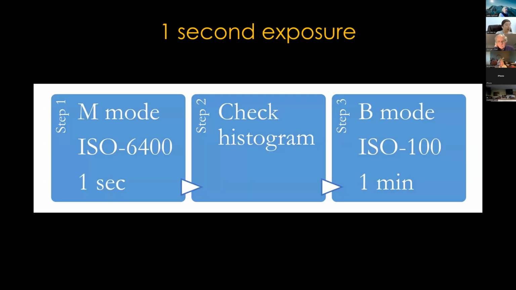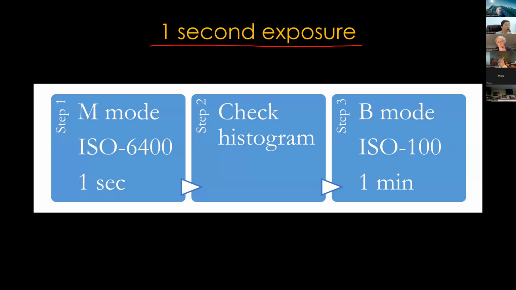And another technique sounds a little bit complicated at the beginning, but it's very useful in certain cases. This is what I call the 1 second exposure technique. You might be confused a little bit, but let's take some time to digest this technique. It's a very simple 3-step technique.